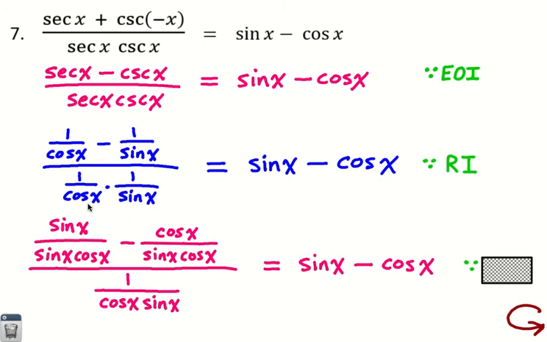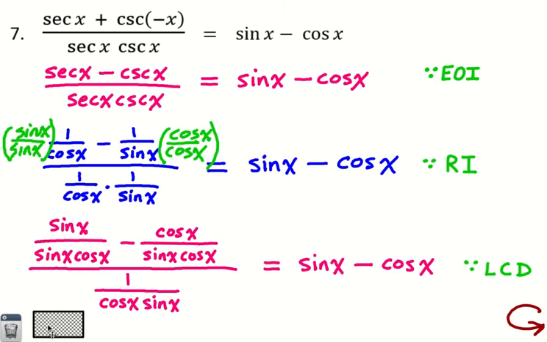I just multiplied these two fractions together to get this, and I multiplied, just so there's no doubt here, people, I multiplied by that, and I multiplied by that to make least common denominators.